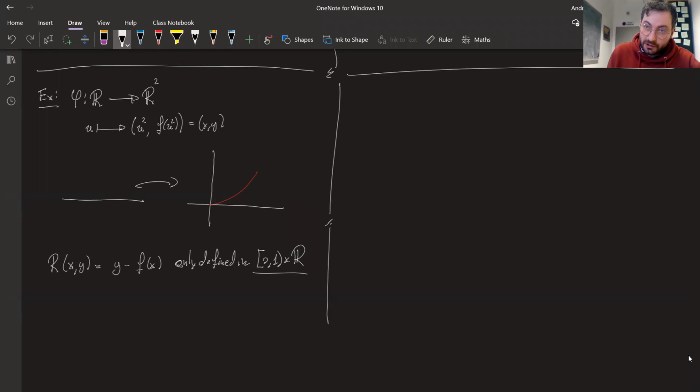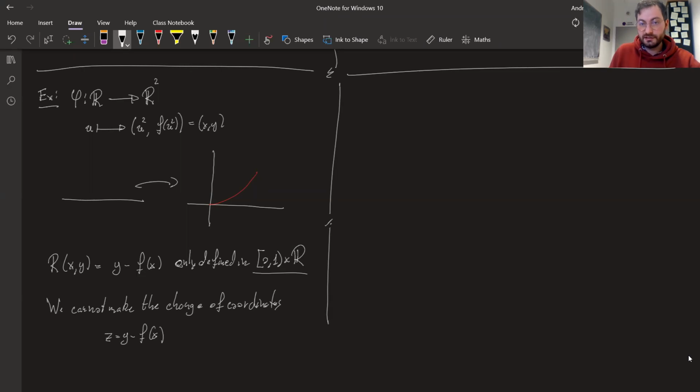In particular, we cannot make the change of coordinates which we would like to do, z equals y minus f of x.